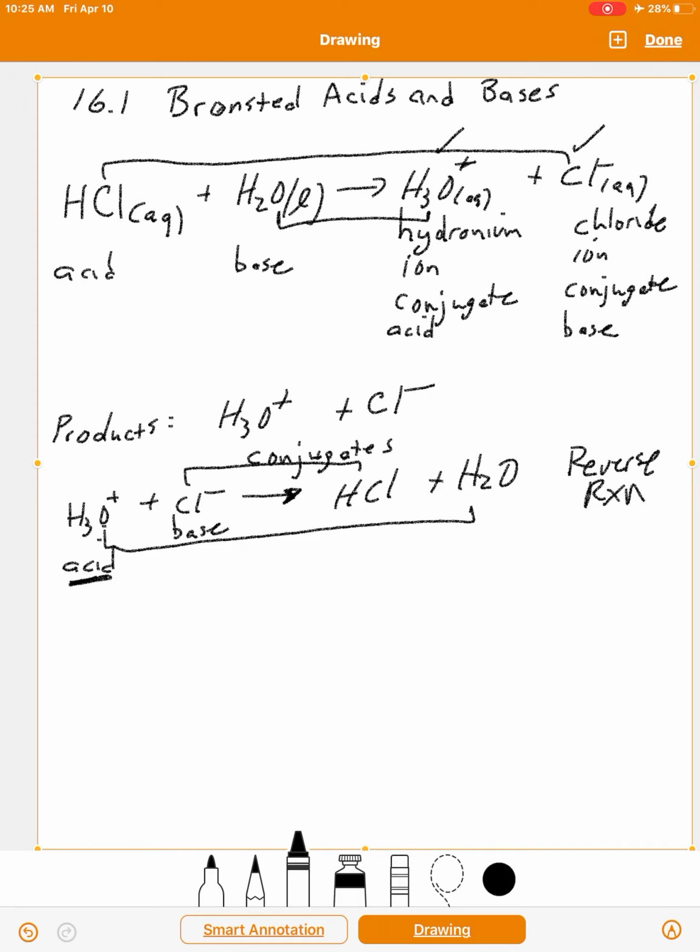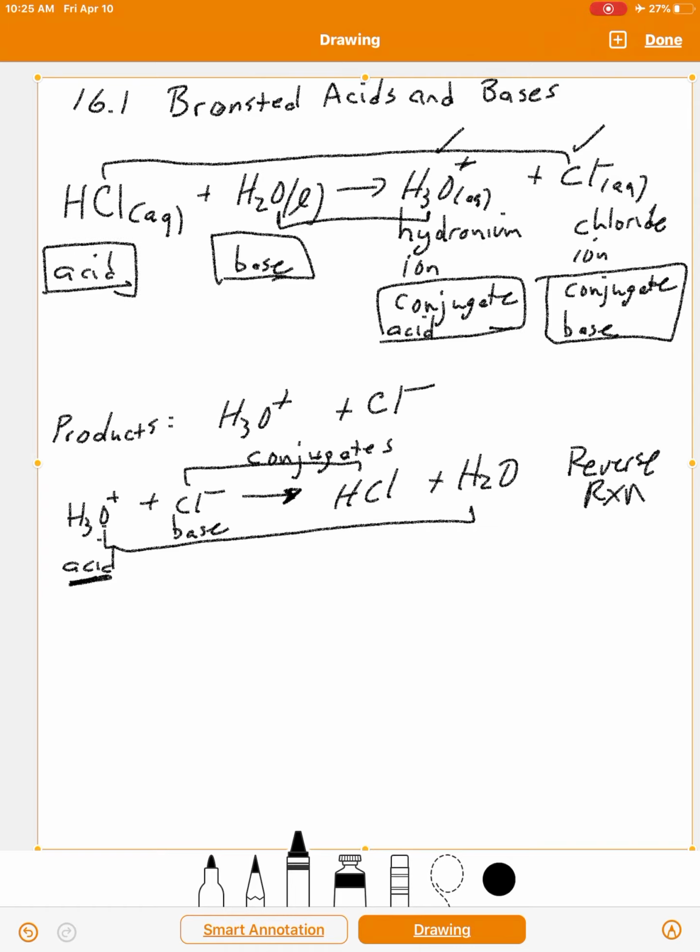Okay? So when you do the analysis of acid-base chemistry using the Bronsted-Lowry theory, one of the things we want to be able to do is to identify which of the reactants is the acid, which is the base, and then on the product side, which is the conjugate acid and which is the conjugate base. So we've done that for this reaction.